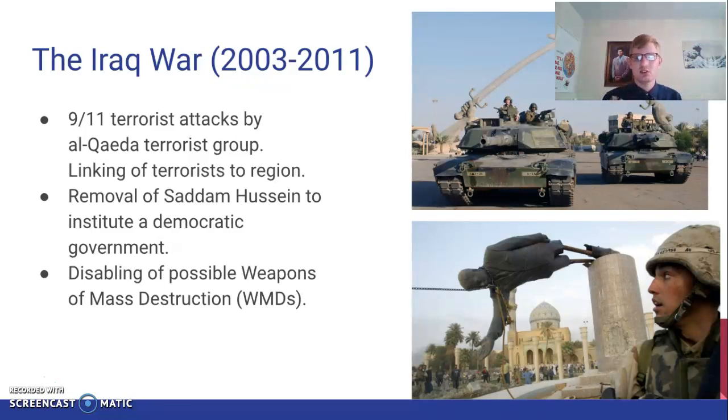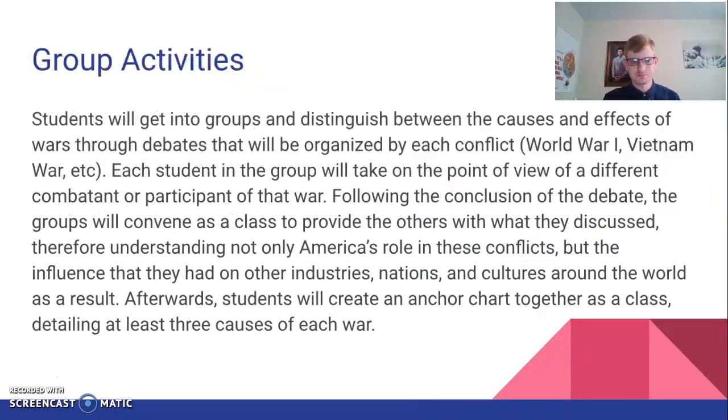So the United States, along with their war in Afghanistan that was going on at the time, decided to remove Saddam Hussein and institute a democratic government in Iraq, basically the invasion that never happened in the Gulf War. They also hoped to disable possible weapons of mass destruction. And we will talk a lot more in detail about the Iraq War later on and all of the complications that occurred.